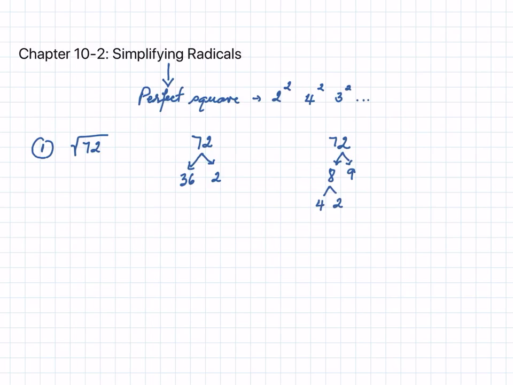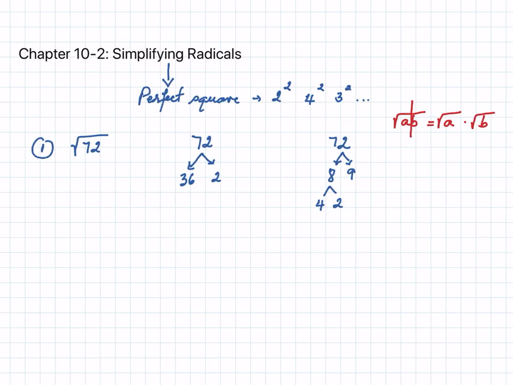There is a property that tells you if you have a number A and B, you can also split it up as square root of A times square root of B. We call that the multiplication property of square root.